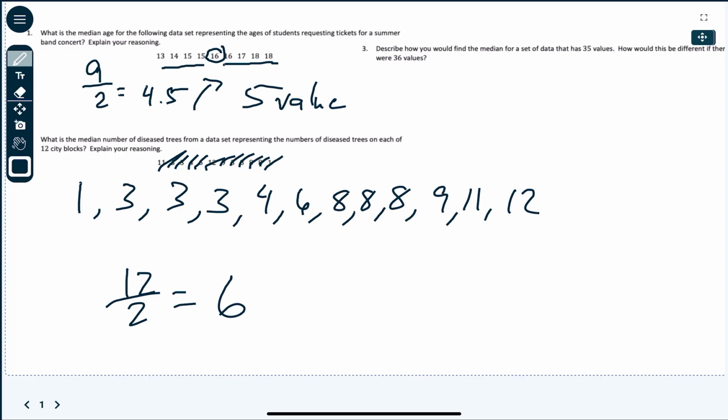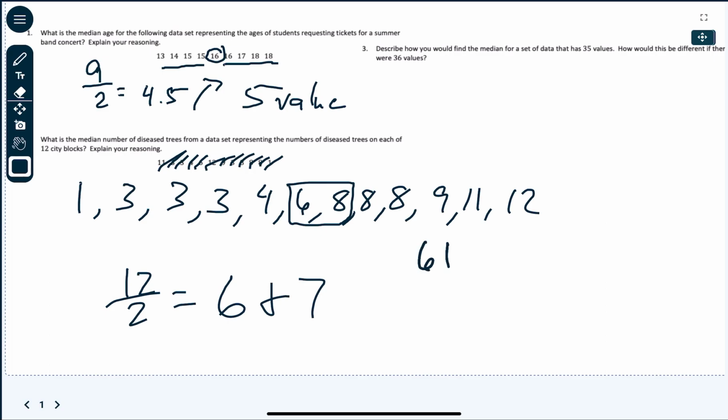Sits on one side, sits on the other, right? So the numbers 6 and 7, in between those two, are going to be your median. So 6 and 7 right here is your 2 middle numbers.